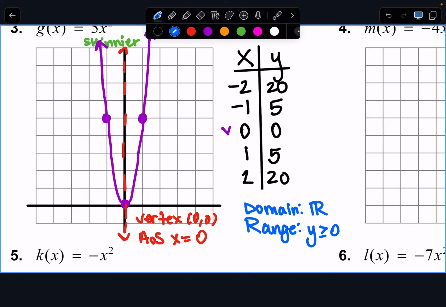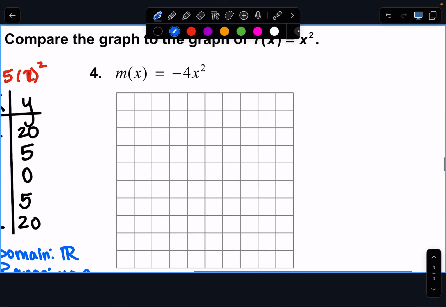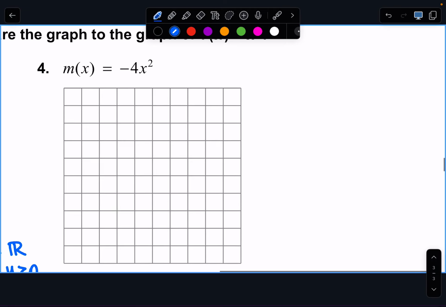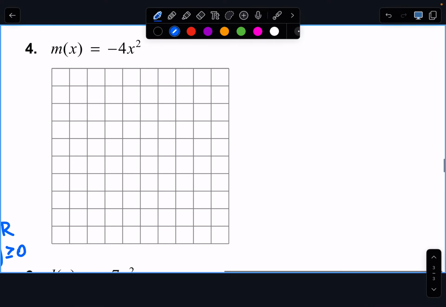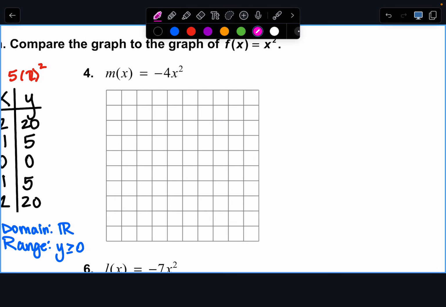All right, tell me what we know about what number 4 is going to look like. It's going to be upside down, skinnier or wider? Okay, so a quick way to write upside down is reflected.